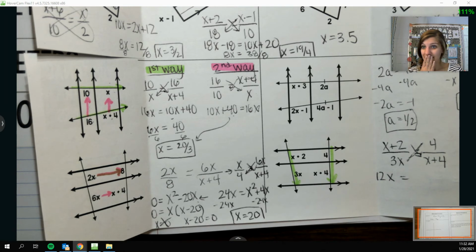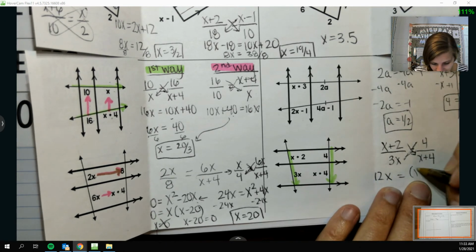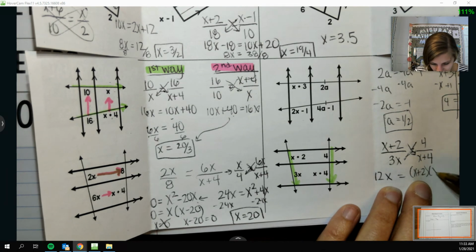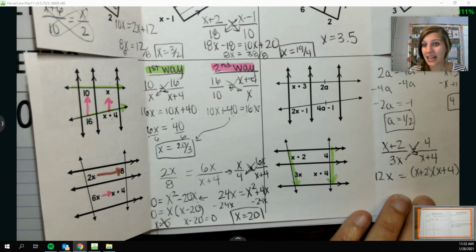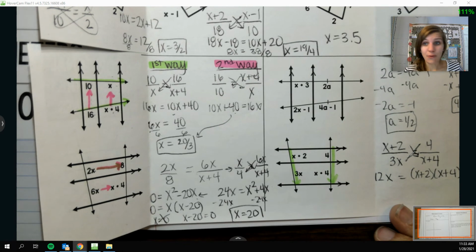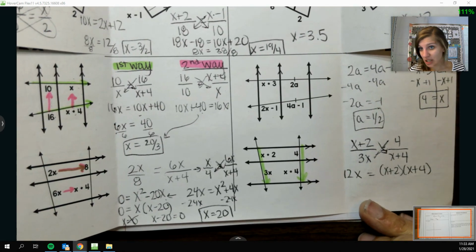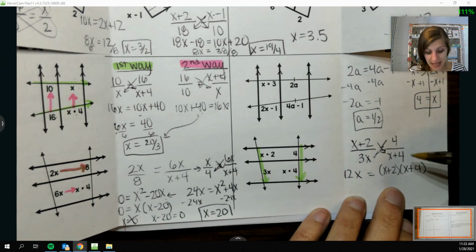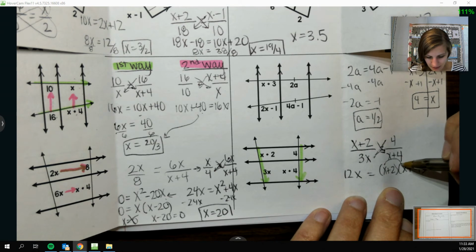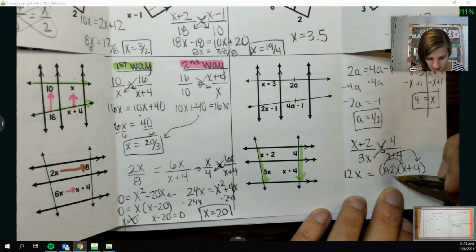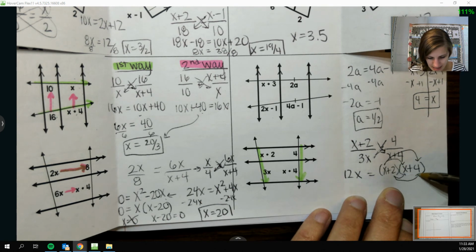Ooh, another fun thing. On this side over here, I got to do x plus 2 times x plus 4. And I don't know if you remember, but FOIL is probably how your algebra teachers taught it to you: first, outer, inner, last, where I multiply first times first, outer numbers, inner numbers, and then the last numbers.